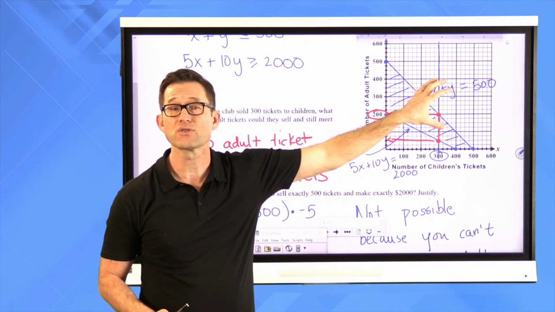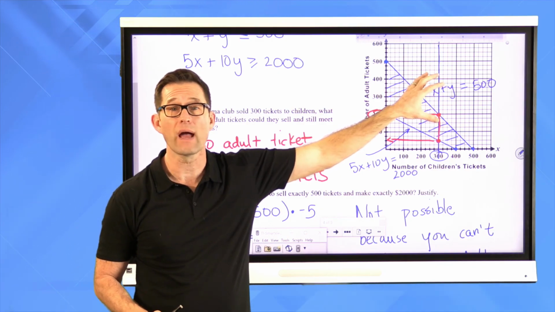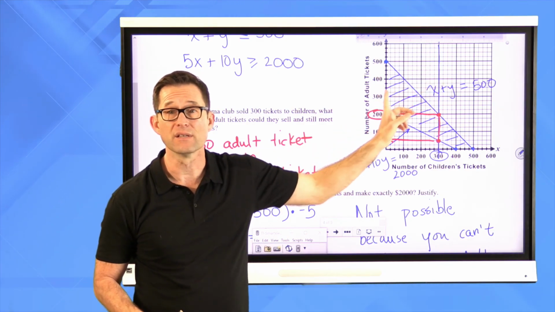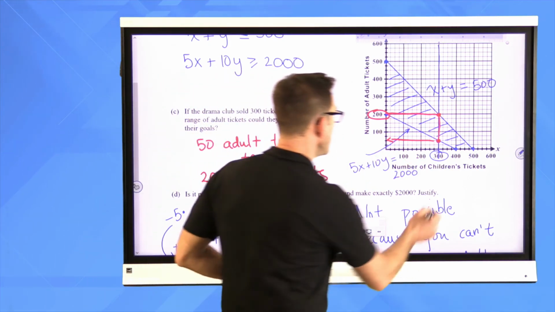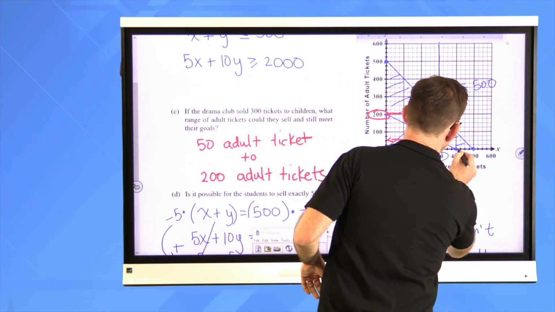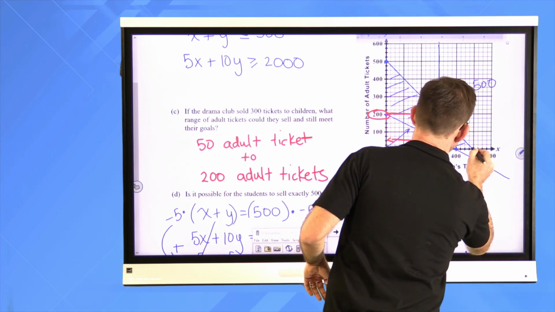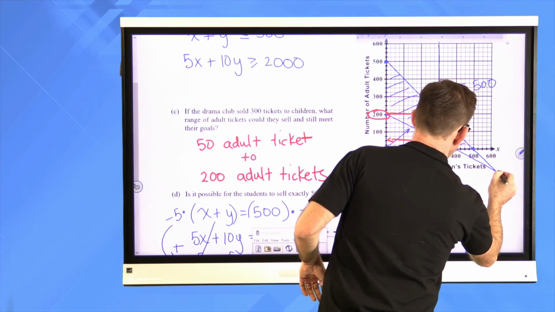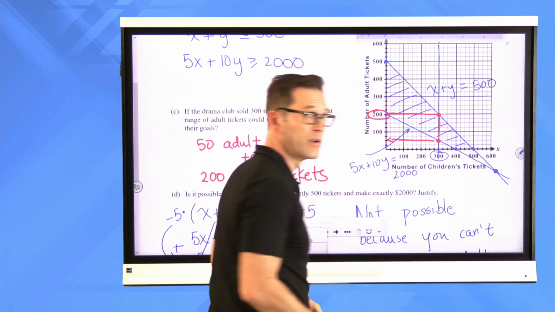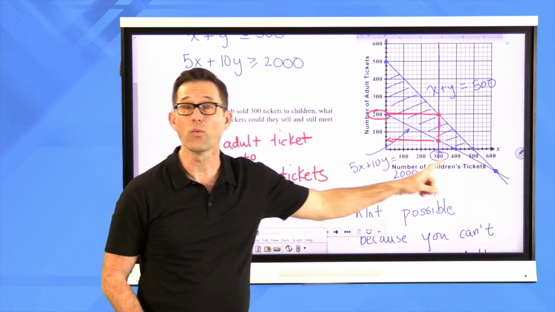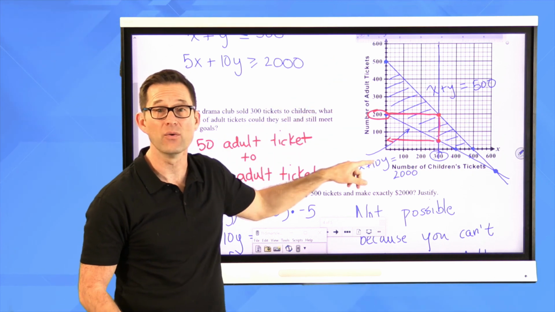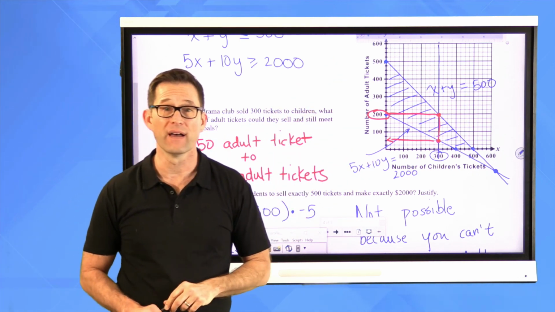I could have actually made the argument just looking at this graph that the answer is no, because this line and this line don't intersect. In fact, they intersect somewhere down here, at a negative y value, which is exactly what I found in that situation.